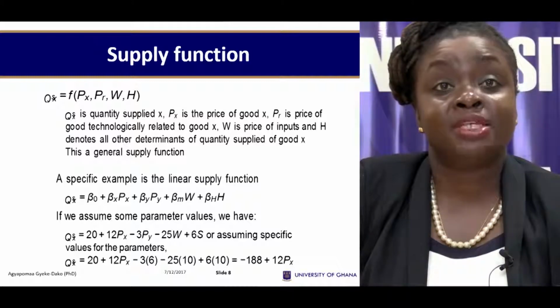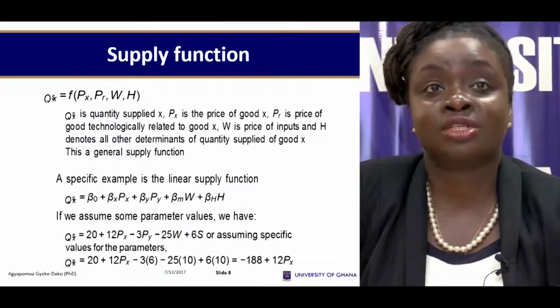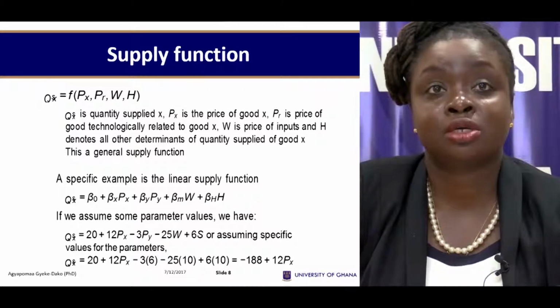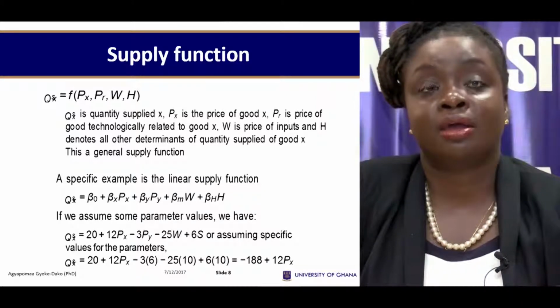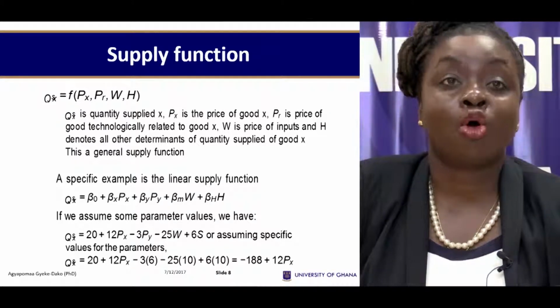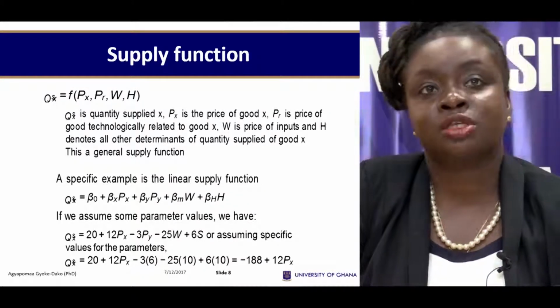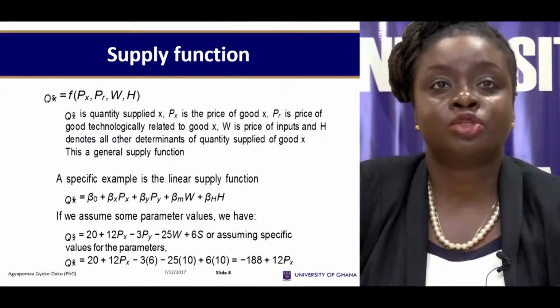If beta Y had a positive sign, then you can think of what type of product we are talking about. We're obviously talking about complements, because if the price of a complement went up, then we'll be supplying more of the other product. If it was negative, then we'll be talking about substitutes.